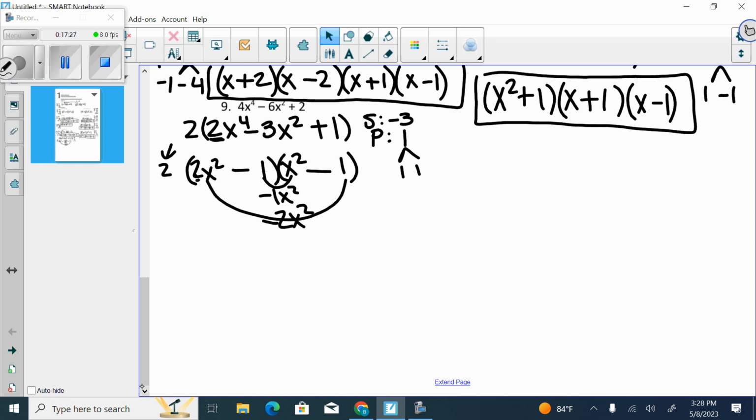So is there any way that 2 and 1 can add to give you 0? No. So this one won't factor any further. This one does not have that 2 in front. So is there a way we can get a 1 and a 1 to give us 0? Yeah, what would that be? Negative 1 and positive 1.